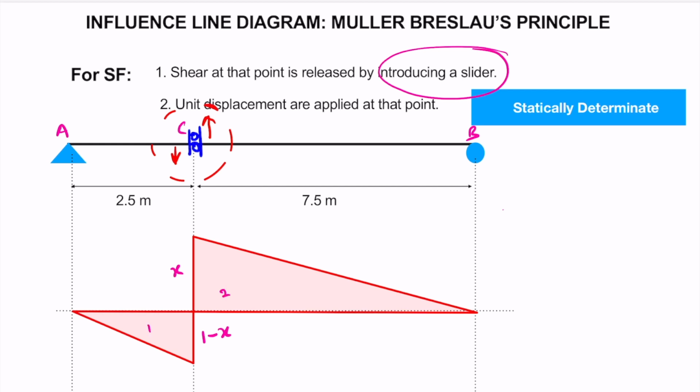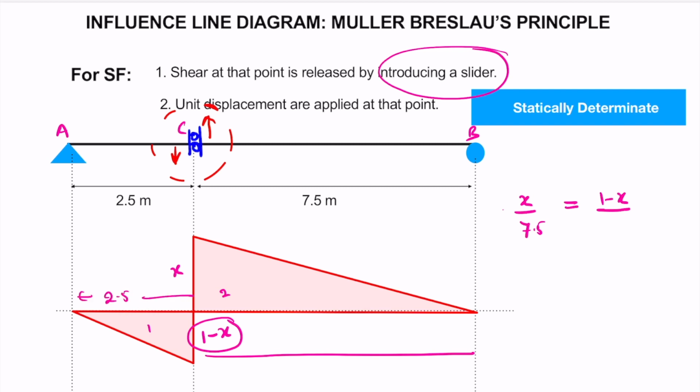Considering triangle 2, it will be x divided by this length, 7.5, which should be equal to 1 minus x divided by this length, 2.5. From here we can get the value of x: 4x equal to 3. From here we will get the value of x as 3 by 4.